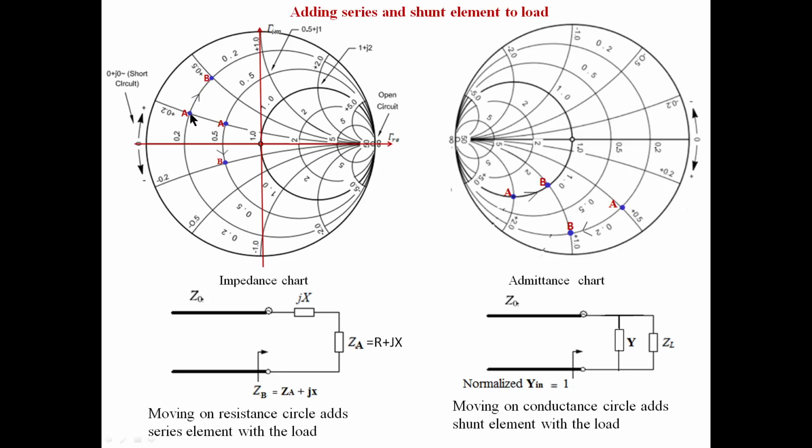For a series element, if you move on the resistance circle, our load point is here, on this 2 resistance circle, if you move upward, that is in the clockwise direction, that adds an inductor in series. If you move downward, that is in the anti-clockwise direction, it adds a capacitor in series. If you want to add an inductor in series, from the load point you move in the clockwise direction. If you want to add a capacitor, from the load point you move in the anti-clockwise direction, it adds a capacitor.